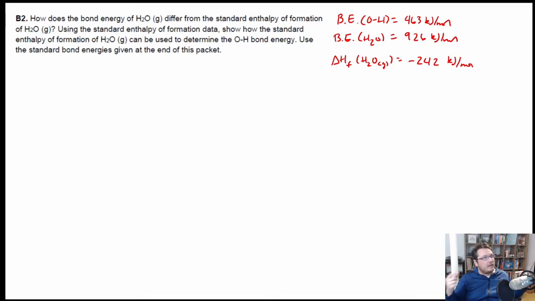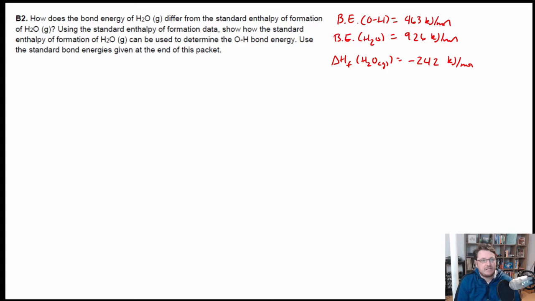But you have to think about what you're actually talking about when you're talking about either bond energies or delta H's of formation. When we're talking about bond energies, we're talking about the energy that's stored in a bond. The way we use bond energies in thermochemistry is that we know how much energy is stored in a bond. Either that's the amount of energy we have to put into the system for that bond to form, or the amount of energy that gets released when those bonds are broken. So it's all strictly bond centric.